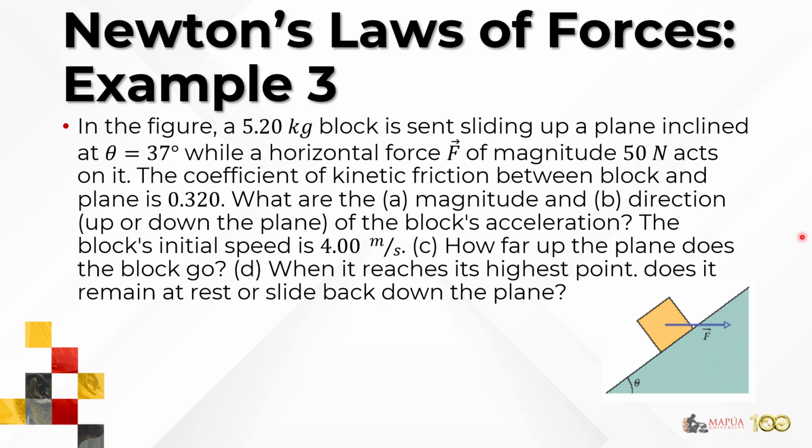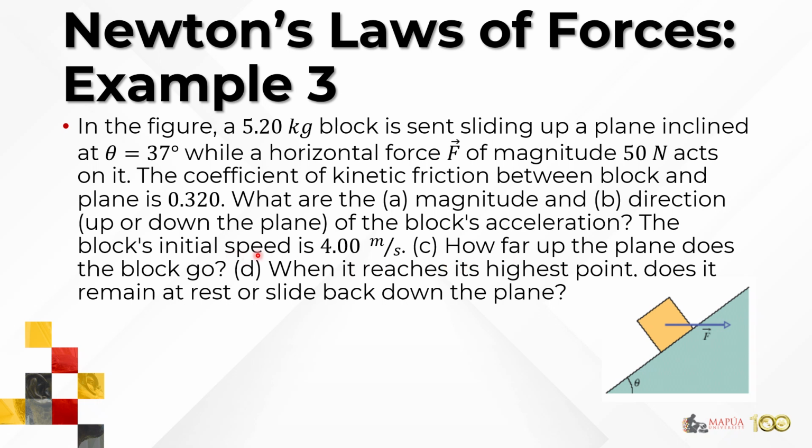Let's try to answer. Again, try to write down the given, required, and the equations that we will need. For letters A and B, we'll need the second law of motion. But of course, to get the acceleration, we also need the force. So again, we're going to get the net force that's being experienced by this block.